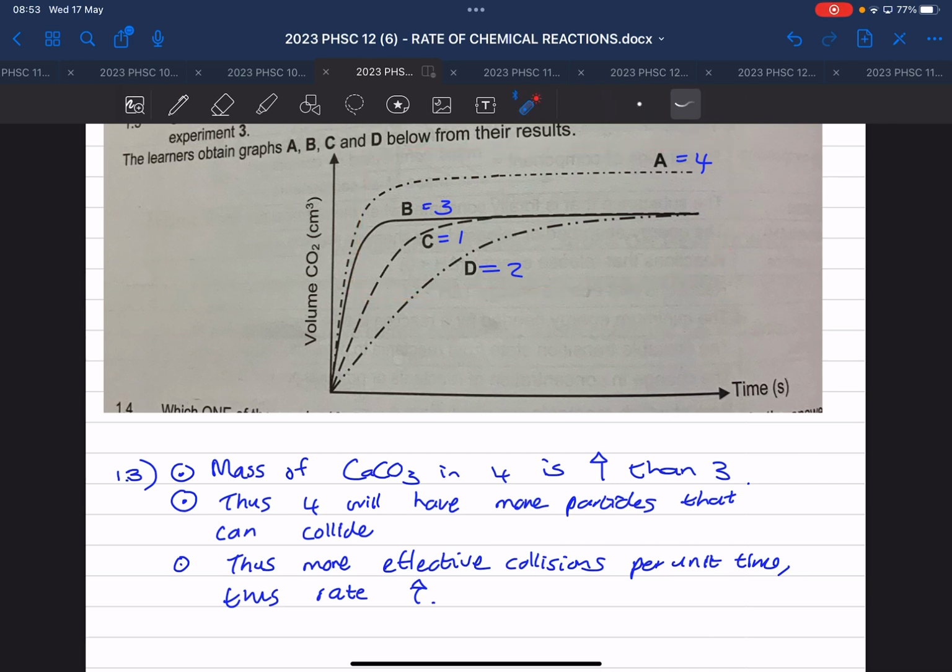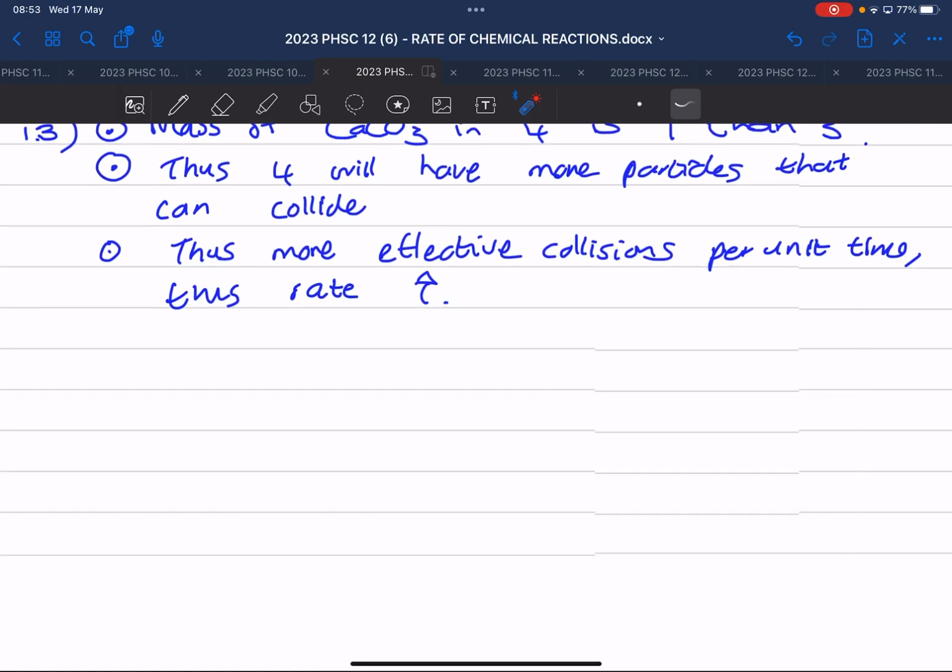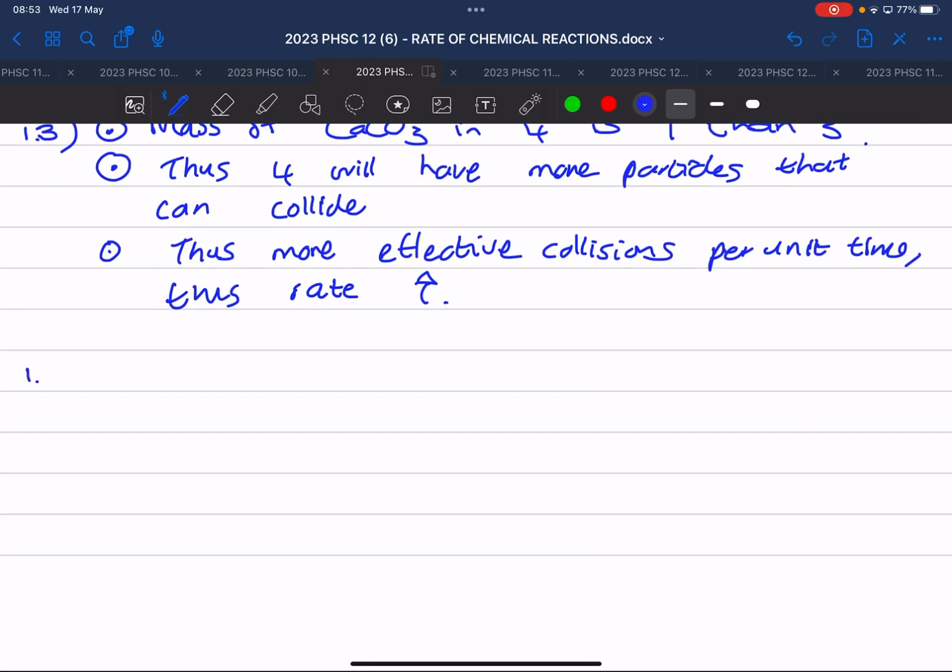Okay, so I'm going to explain like I did this. I first eliminated two things. I said A goes with 4. I'm going to say A goes with experiment 4. Why do I say that? They say we must compare each one with experiment 1.